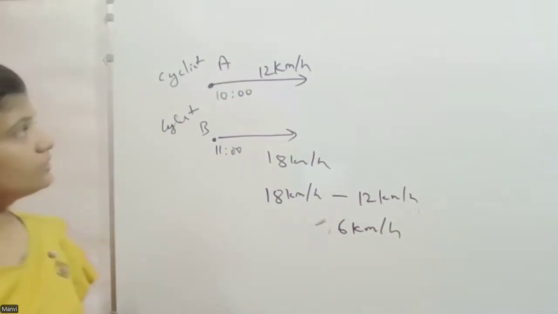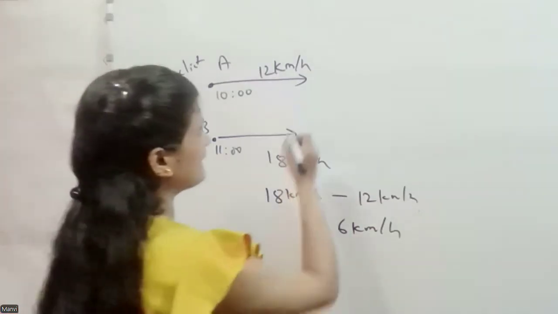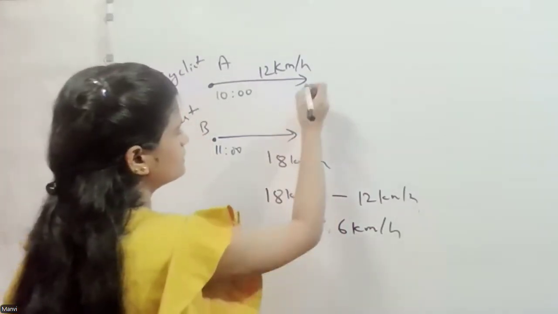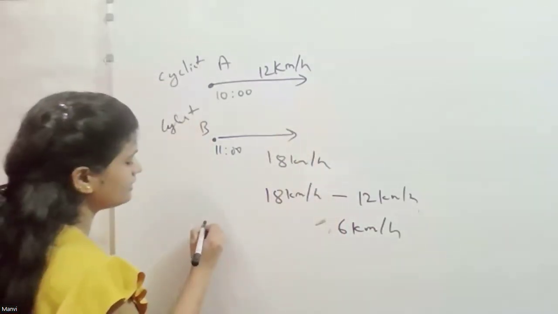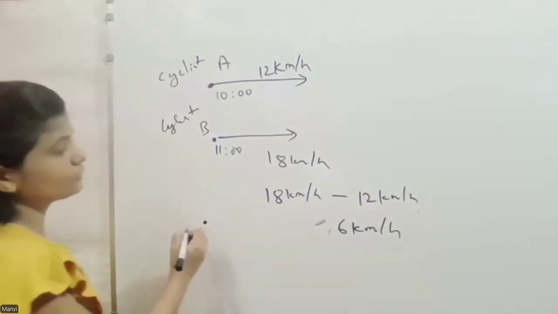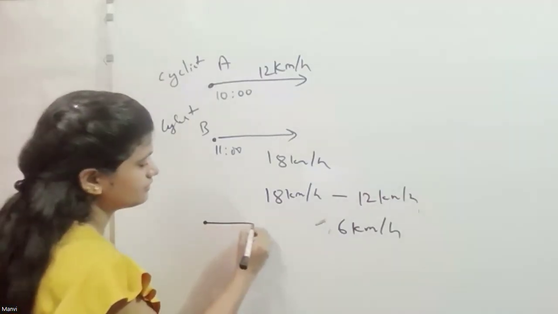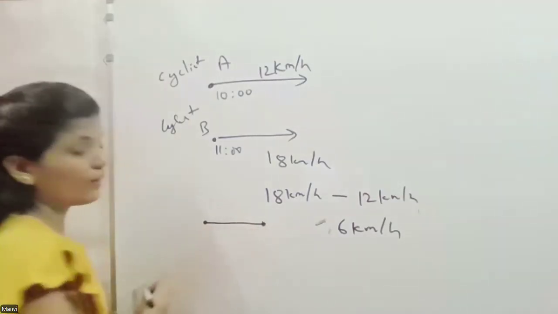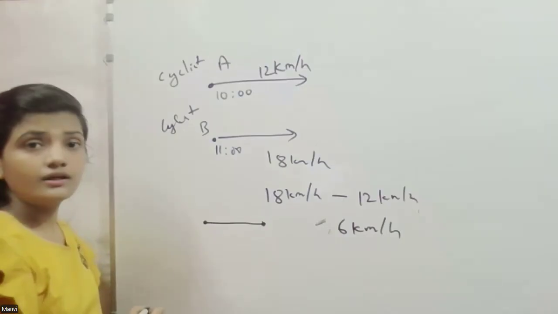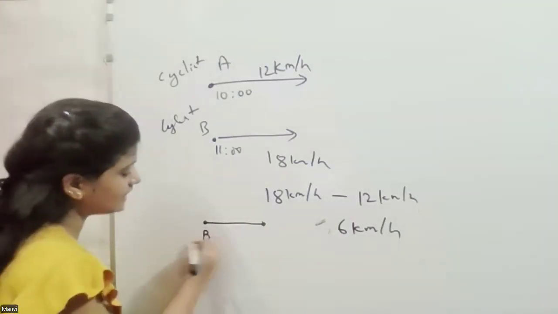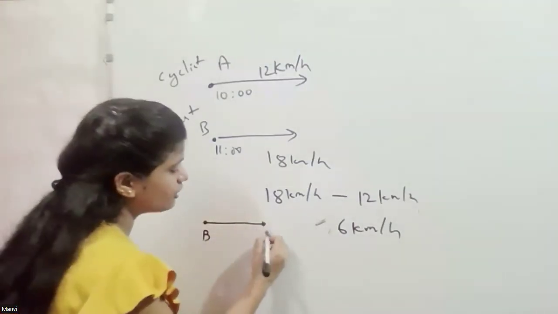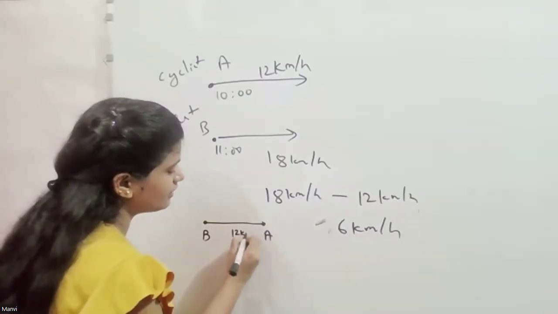So we need to fill that gap, right? The gap is here. 6? No, what is the gap? Oh, the gap is 12 actually. Why 12? Because when B started, A was already 12 kilometers away.